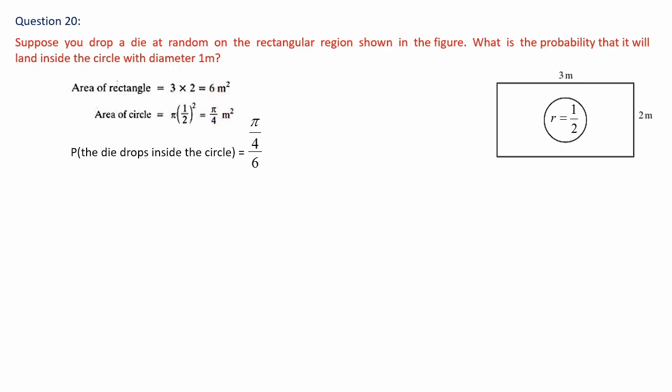So what you have to do is, pi by 4 divided by 6: division you can change to multiplication, and the denominator you take the reciprocal, 1 by 6. So pi by 4 into 1 by 6. So pi into 1 is pi, 6 into 4 is 24. So pi by 24 is the required probability.